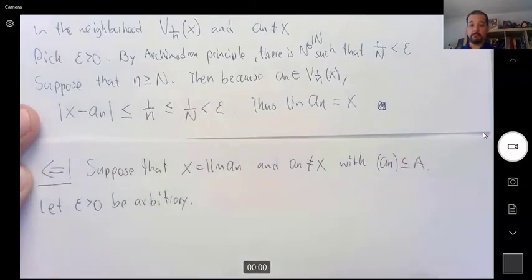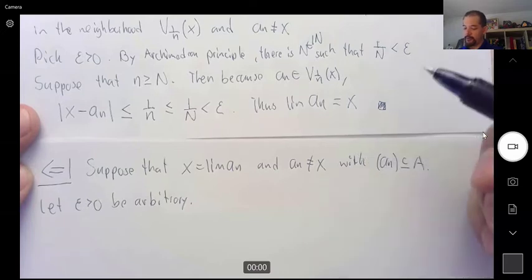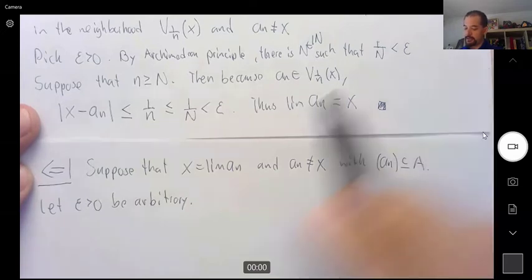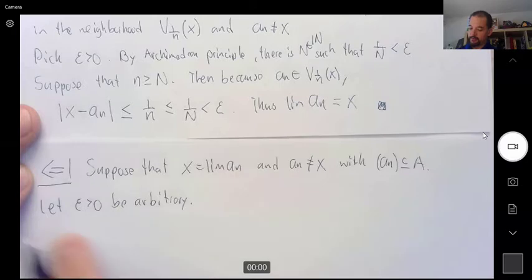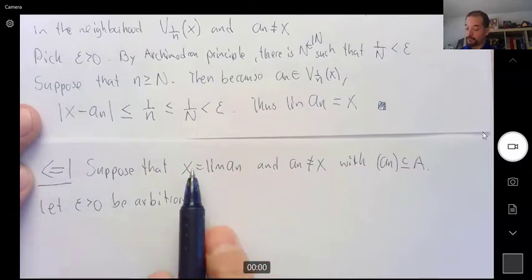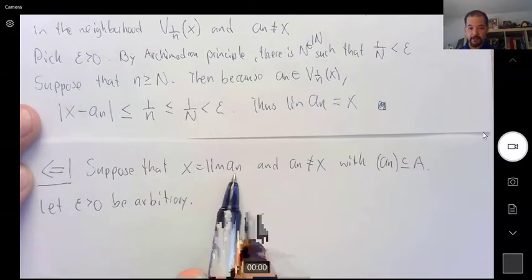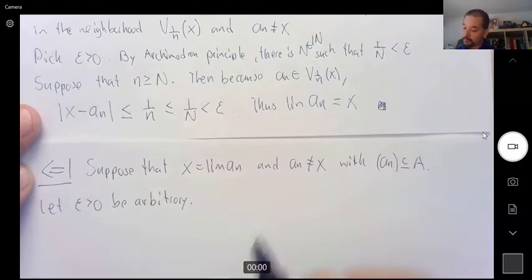Again, by the Archimedean principle, there must be an n so that 1 over n is less than epsilon. Do I need that? Hold on a sec. No, not yet. Okay, I actually don't need that. So let epsilon be arbitrary. And I'm going to use the definition of limit with this epsilon. So what is the meaning of that?